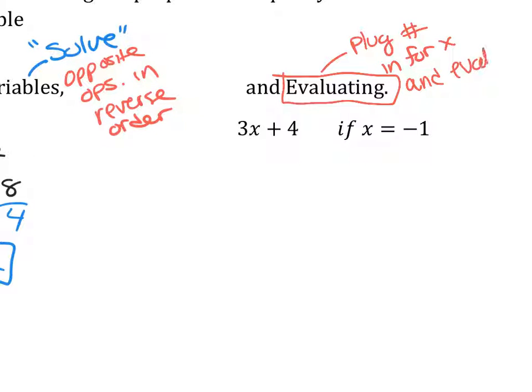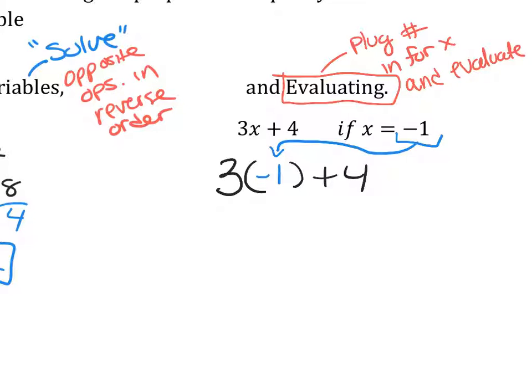When I say plug a number in, you can just use parentheses around wherever the x is. So first write the expression as it is, but instead of an x, have a set of parentheses, so like 3 and then parentheses, plus 4. And then whatever x equals, in this case -1, that's what goes in the parentheses.